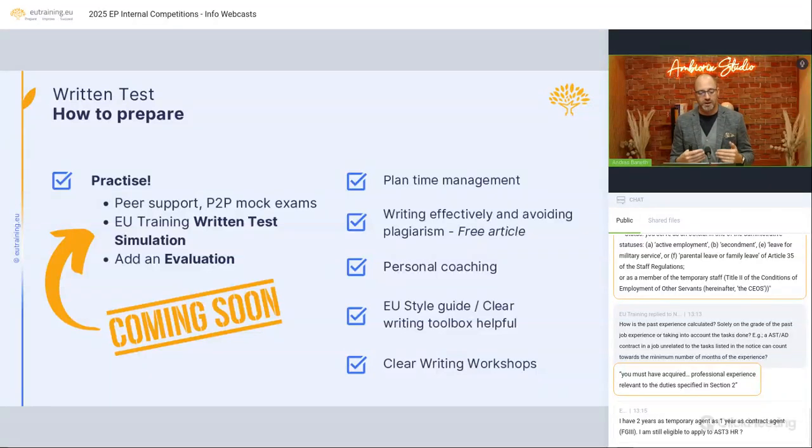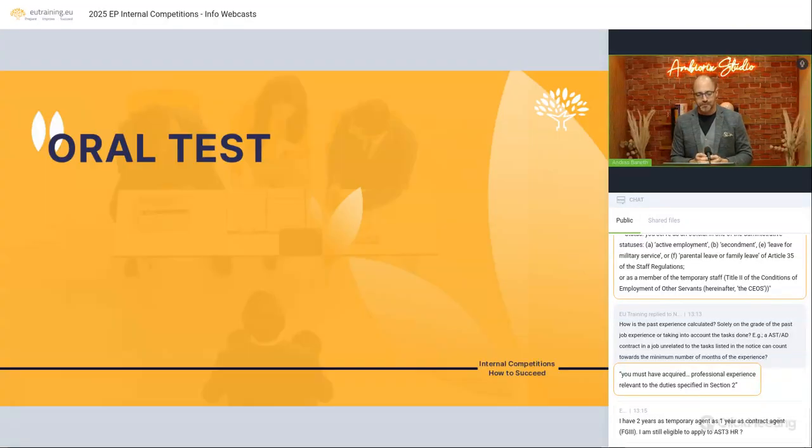Those are great skills to have. And that ultimately benefits you for a competition like this, but it benefits your career as well. EU style guide, clear writing and toolbox. So that is something you might want to look up. Well, it's a very large document, very complex, but still you can take certain ideas out of it: spelling, names of institutions, generally capitalization and things like that.